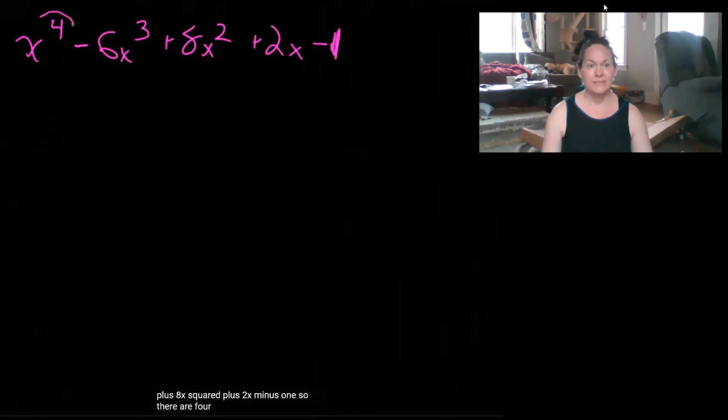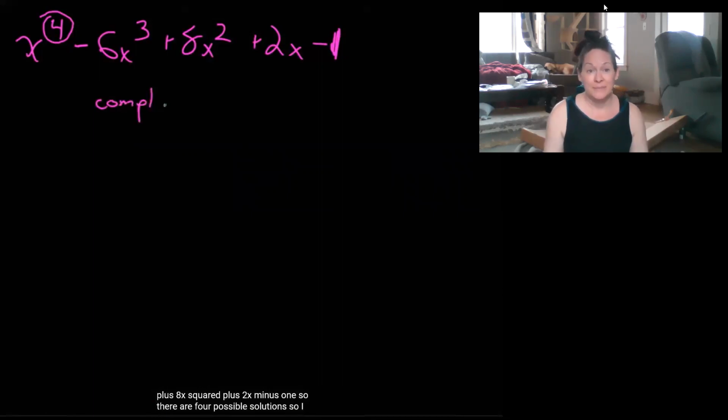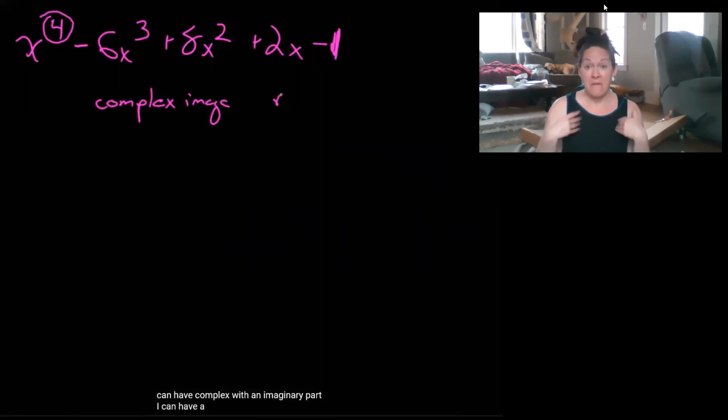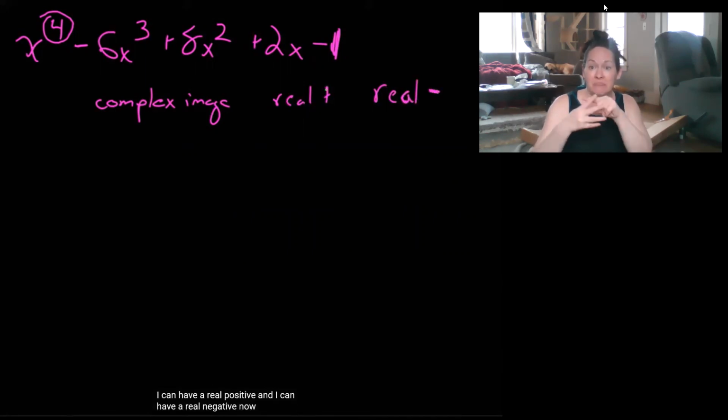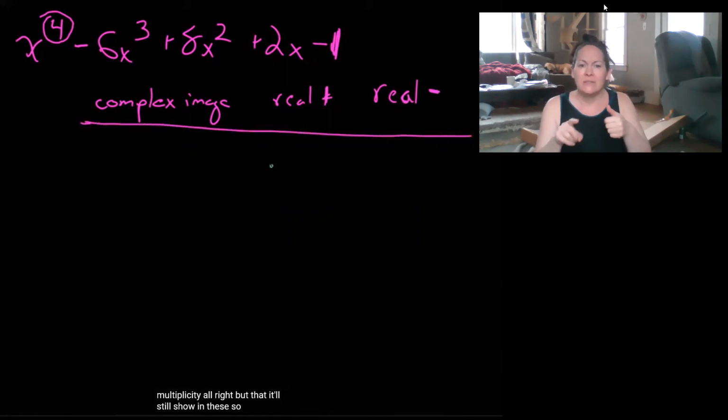So there are 4 possible solutions. So I can have complex with an imaginary part, I can have a real positive, and I can have a real negative. Now, some of these solutions might stack up on top of each other. They might have a repetitive multiplicity, right? But that'll still show in these.